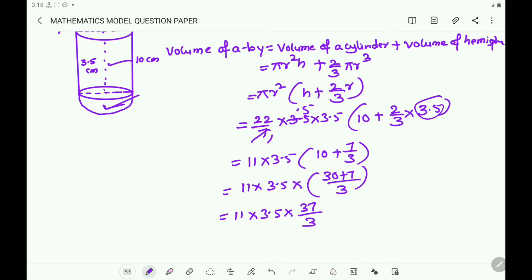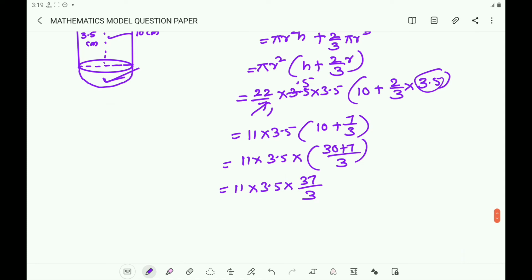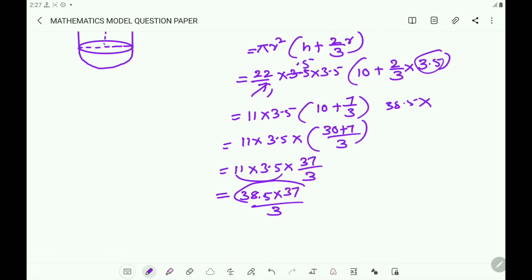That equals, then find the product of these two. 11 fives are 55, 11 threes are 33 plus 5, 38.5 into 37 by 3. Find the product of 38.5 and 37.